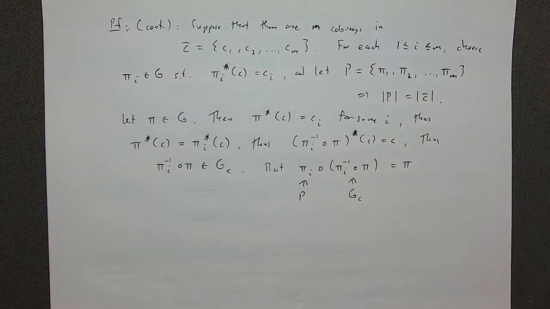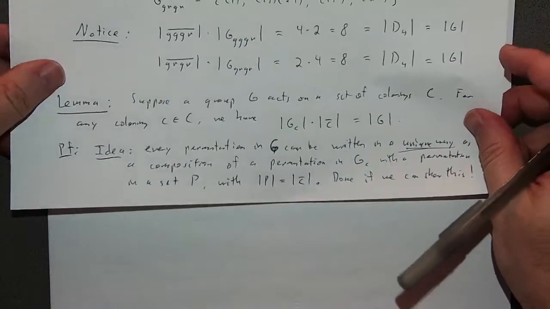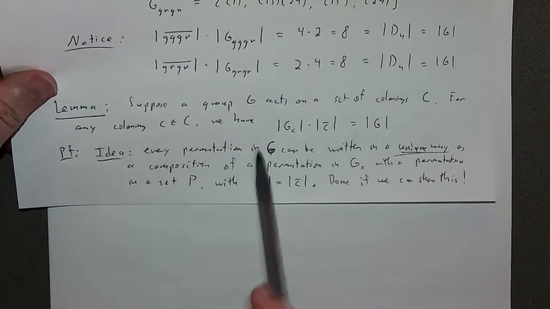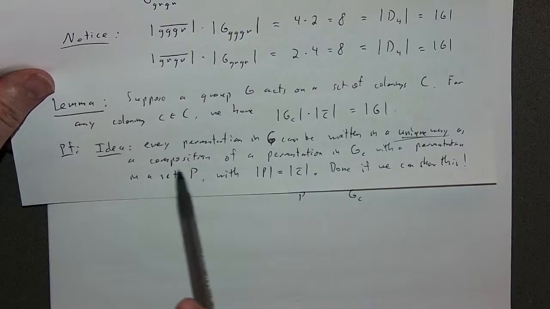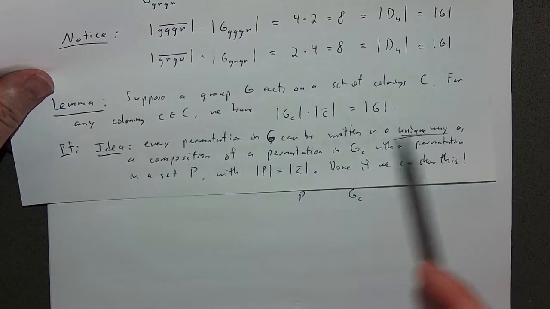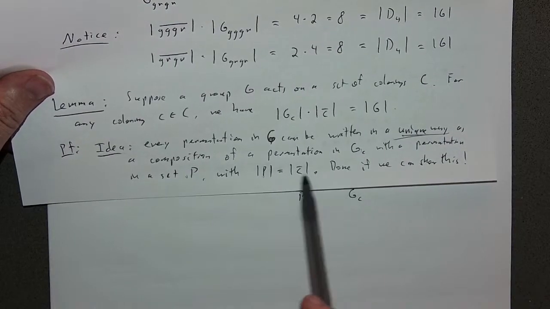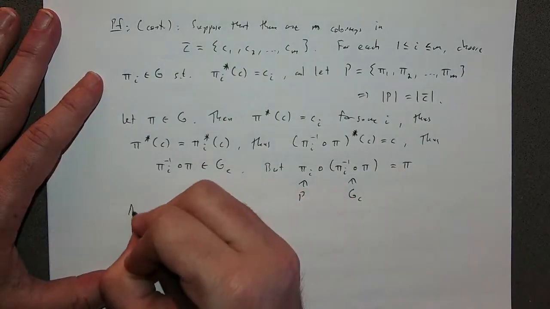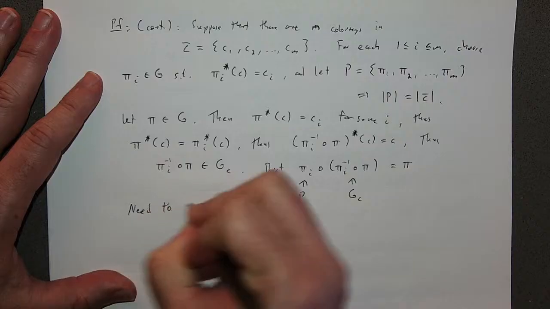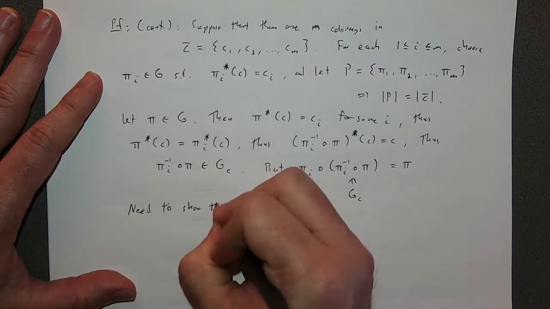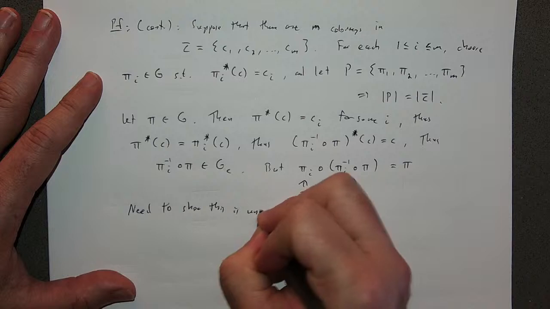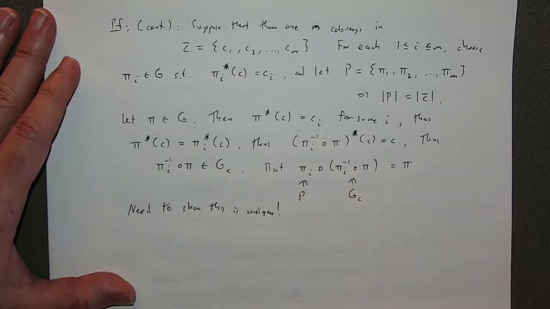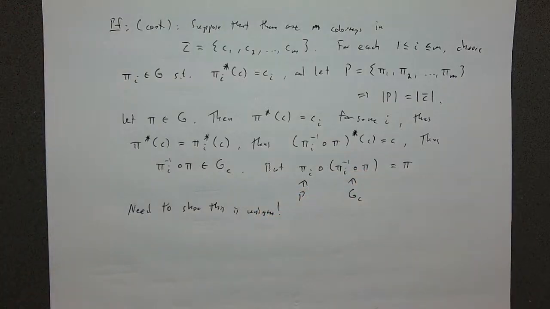So we're almost ready. Remember, our idea was being able to write any permutation in a unique way as a composition of a permutation in the stabilizer with a permutation in a set P having the same size as the orbit set. We have done that. We just haven't shown that this is unique. Meaning that there's no choice involved here that matters.